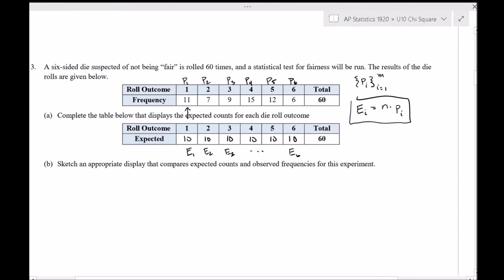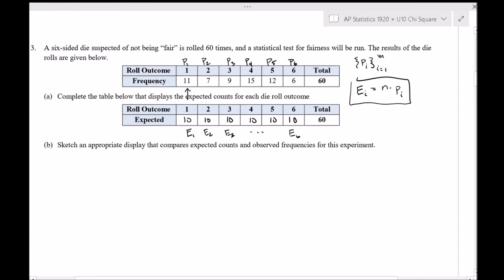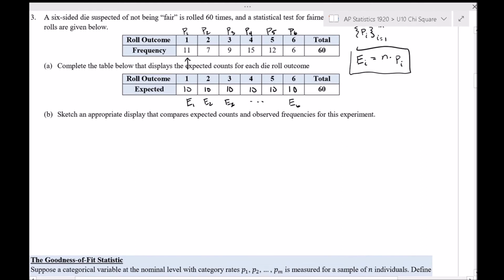Letter B. Sketch an appropriate display that compares expected counts and observed frequencies for this experiment. So in this case, a bar chart would probably be best. And a bar chart with 2 distributions shown side by side per category. So I'll draw an x-axis, kind of a wide x-axis, and this is going to be roll outcome.